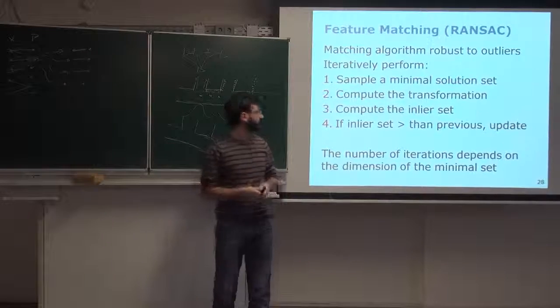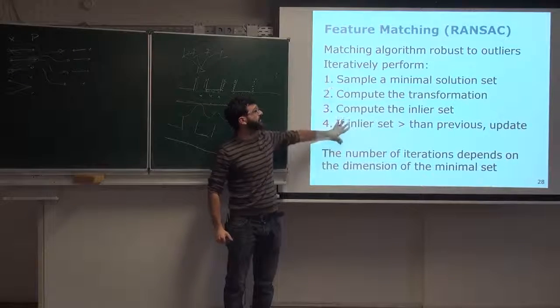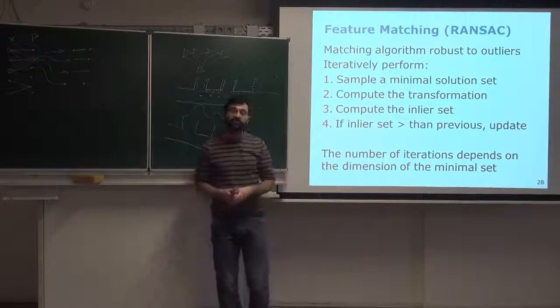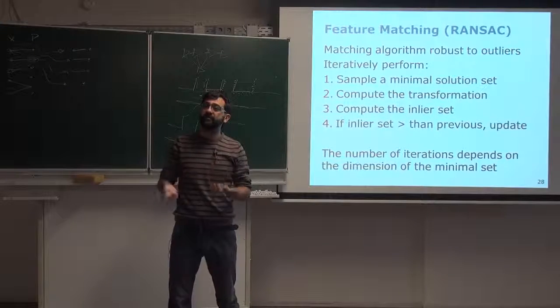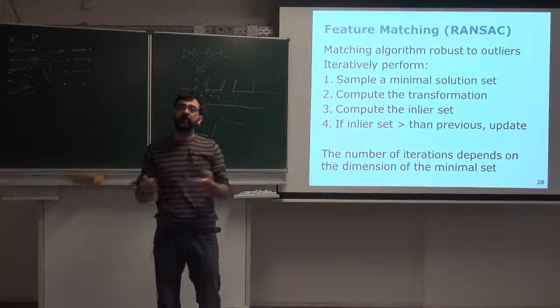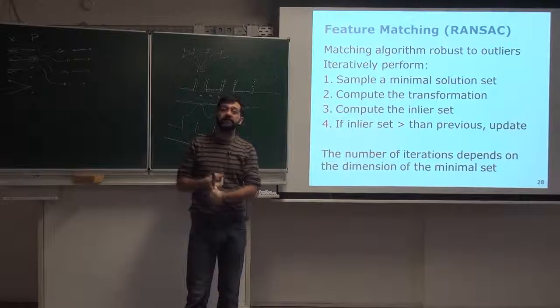And you repeat. Now, the interesting thing of RANSAC, if you just look at it in this way, it's like, okay, I'm just randomly selecting transformation and I'm trying to find which is the best one. But when do I stop, for instance? How many iterations do I need? How am I sure that I found something which is reasonable?